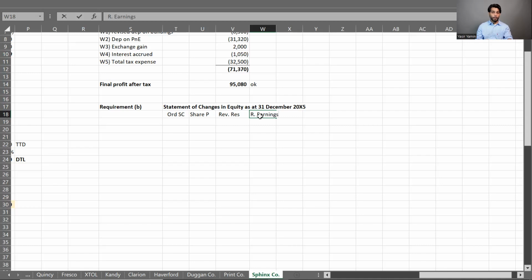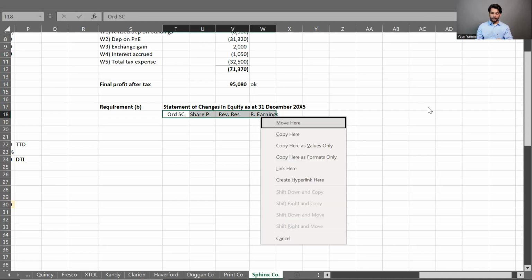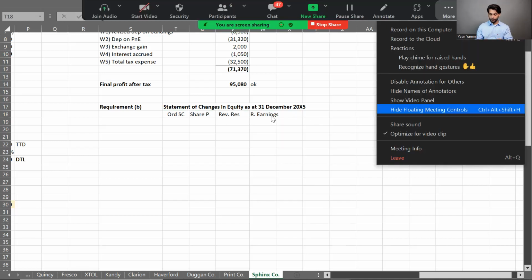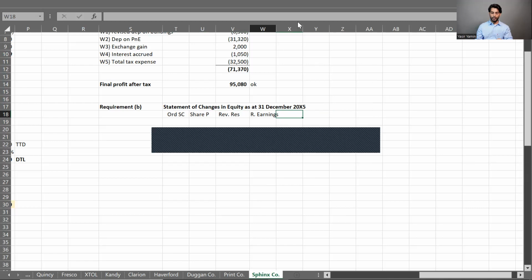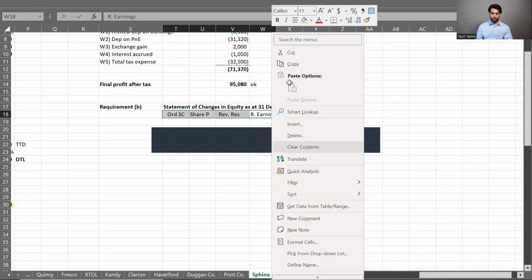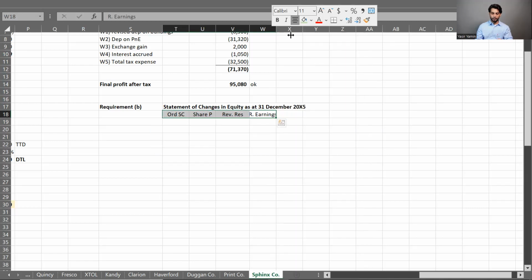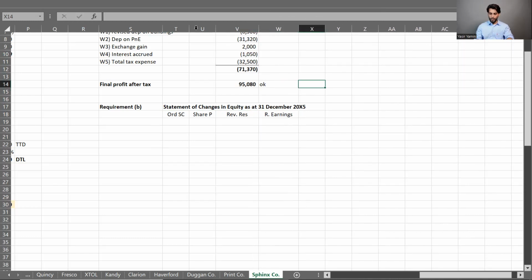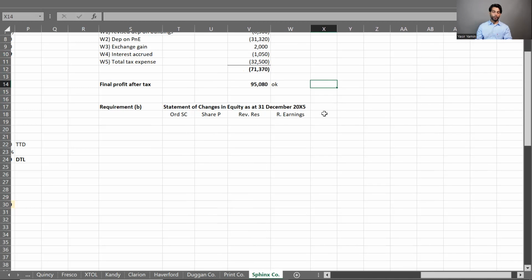There are no specific reserves here. There is nothing else here, so I believe this is the only thing that you need to have. All good? And here you prepare a column for total. We start with the opening balance.